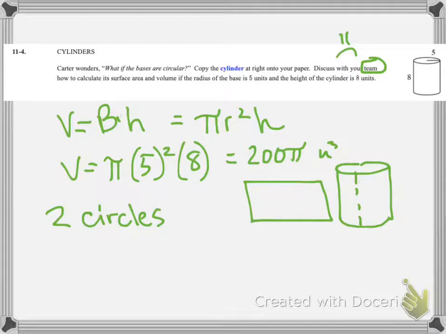And that rectangle, since this is 5 and this is 8, the circumference of the circle will be the length, and the width is going to be what the height was. So the circumference of a circle, if you remember, is 2 pi r. So this will be 2 pi times 5.